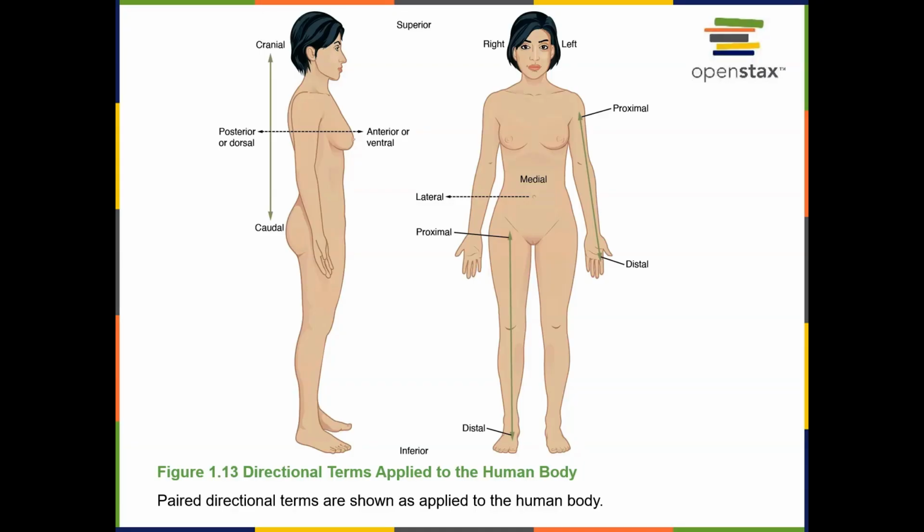Anterior and posterior are opposites. Anterior means towards the front and posterior is towards the back. Ventral is essentially a synonym for anterior, and dorsal is essentially a synonym for posterior.